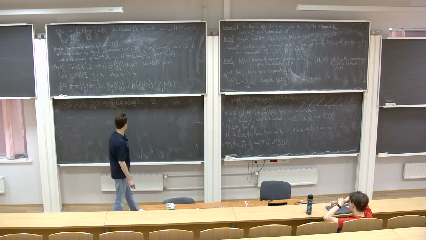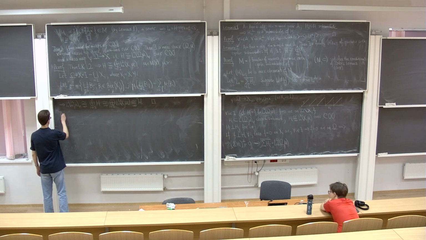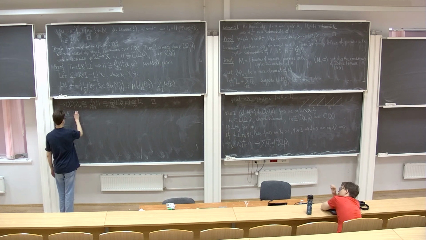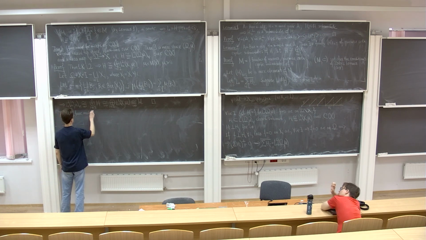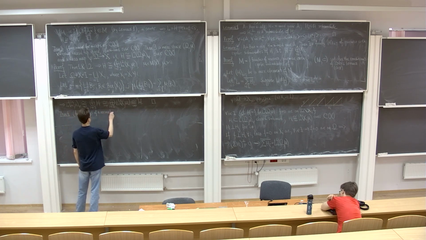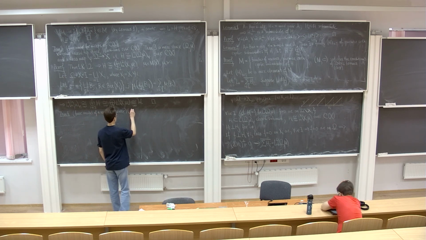Okay. So as a special case, we obtain theorem 4, which gives us a functional model of a normal operator. And this is our first form of the spectral theorem.